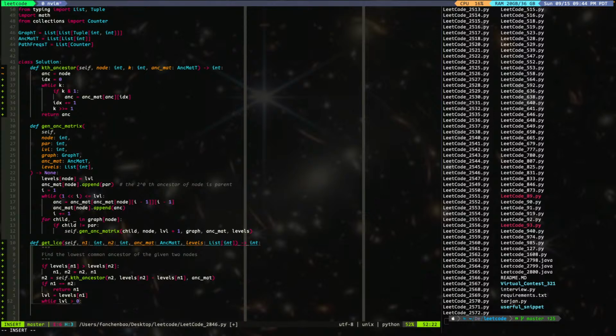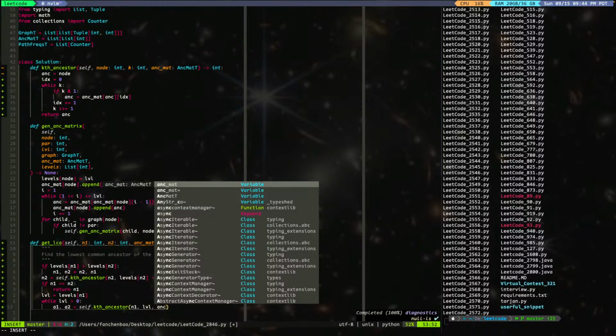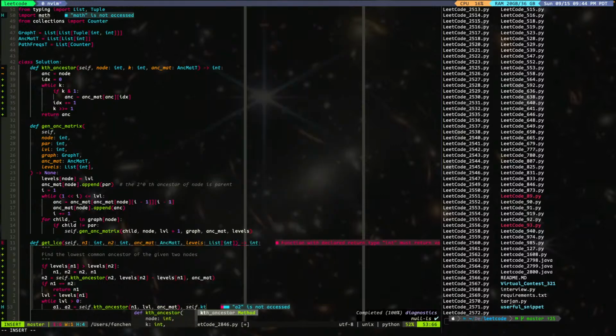Level is the level where they share the same ancestor. So I can find their ancestors, a1 and a2. a1, a2 shall equal self.k_ancestor n1 with the level from the ancestor matrix, and self.k_ancestor n2 with the level from the ancestor matrix.